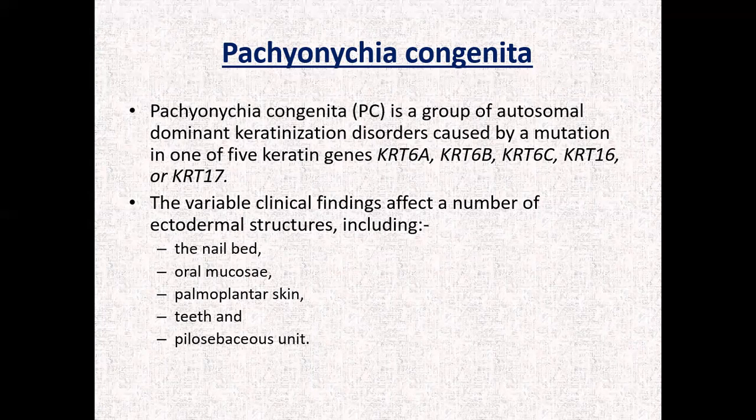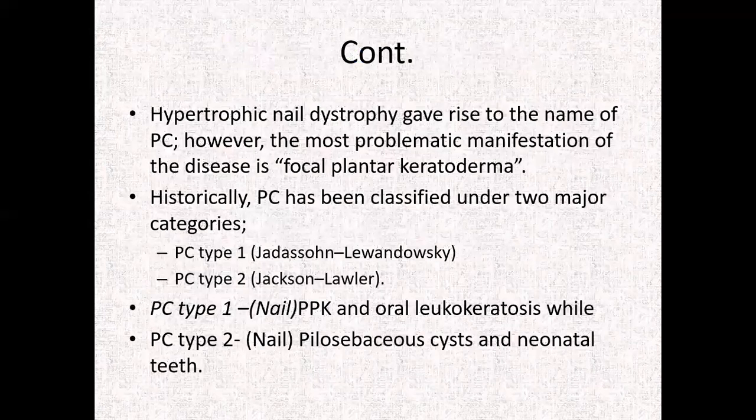The variable clinical features affect a number of ectodermal structures that include nail bed, oral mucosa, palmoplantar skin, teeth, and pilosebaceous units. Hyperkeratotic nail dystrophy is the main feature of Pachyonychia congenita, and the name is derived from this hypertrophic nail dystrophy. However, the most problematic manifestation of the disease is focal plantar keratoderma.